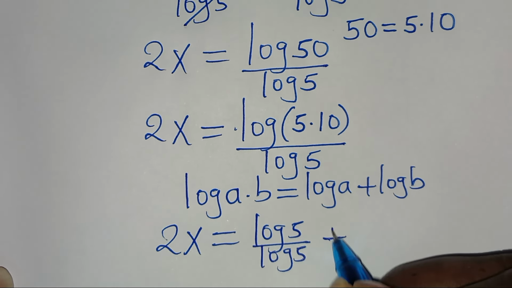Now let's simplify log 5 and log 5 here. So this is 1, so that we have 2x equal to 1 plus log 10 divided by log 5.